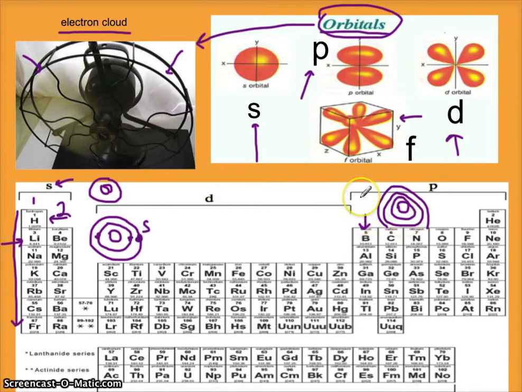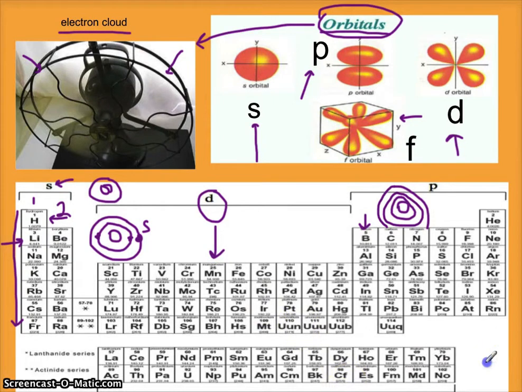The outer is going to end up being 3 because you're going to add these last 2 together, because we'll get to that in the valence. But anyway, we have hydrogen and lithium that have just the s orbital, and boron actually gets into the p orbital. Now, d is going to have to do with these elements down in here, and we're not going to touch these elements much right now.